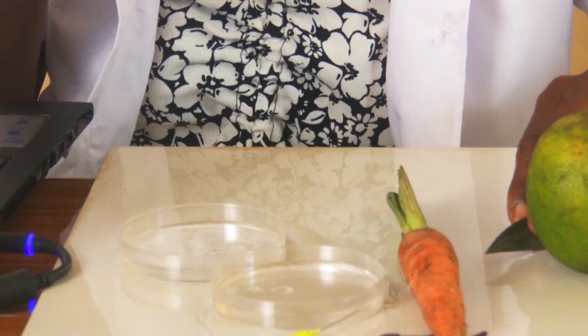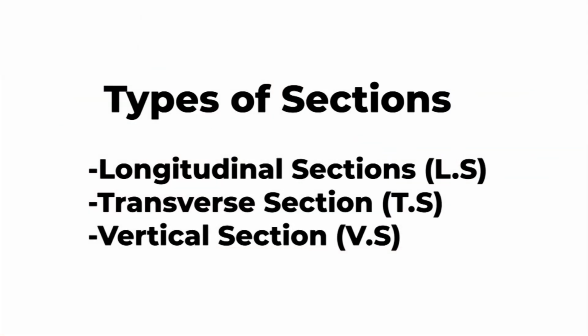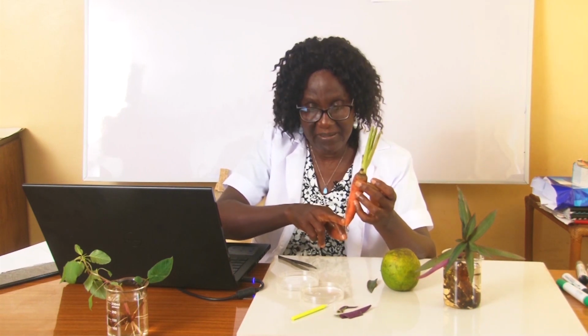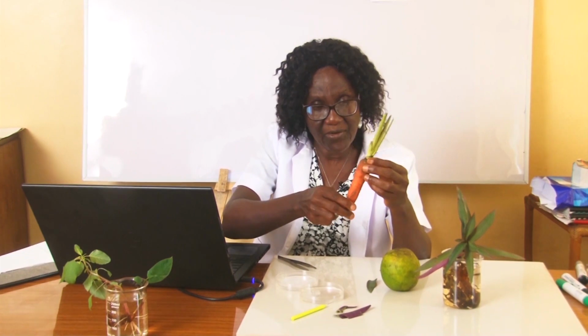Now let's look at the types of sectioning that there are. You have longitudinal section, transverse section, and vertical section. Now let's look at longitudinal section. It's a cut that runs the whole length or part of the length of a specimen. For instance, this carrot, this is the length.